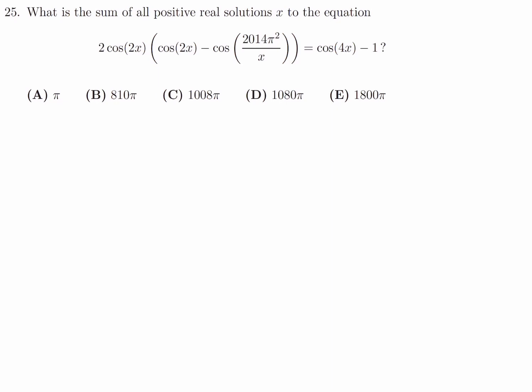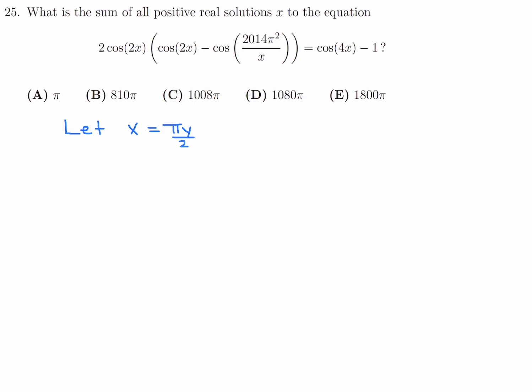What is the sum of all positive real solutions to this equation? We are going to make a substitution that will help us, and that is x is equal to pi y over 2.